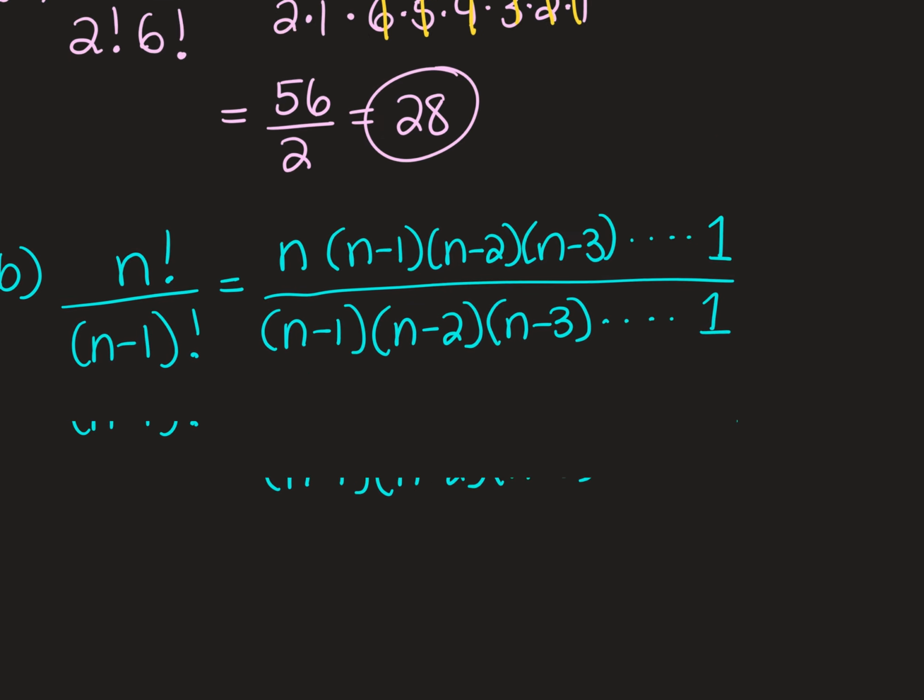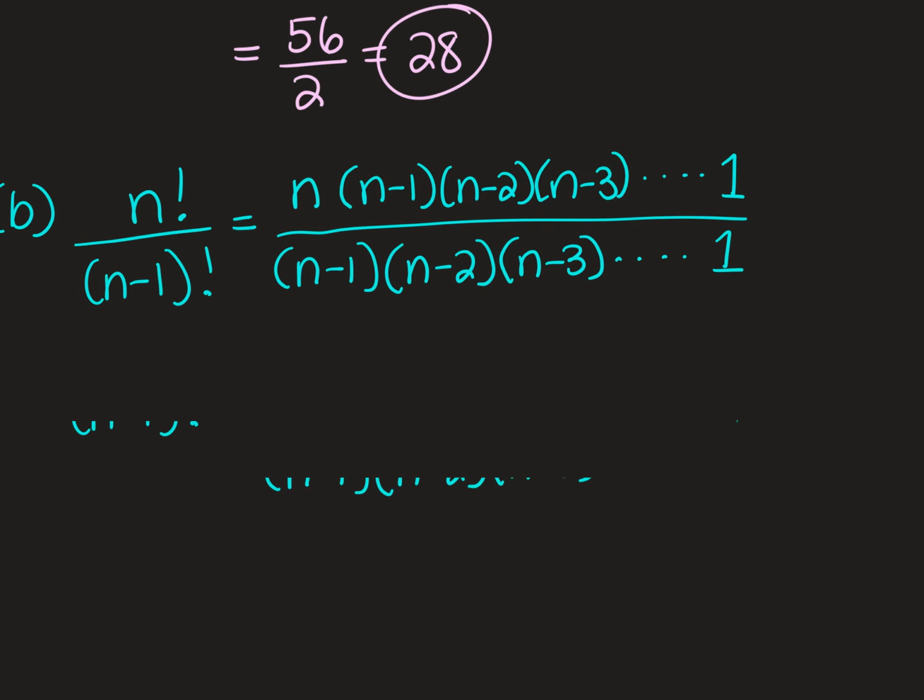All right, now at this point, I wrote it that way so we could find our giant ones. We've got a giant 1 here, a giant 1 here, a giant 1 here, and everything between n minus 3 and 1 will also be a giant 1. Because I'll have n minus 4, n minus 5, n minus 6, all the way down to 1.